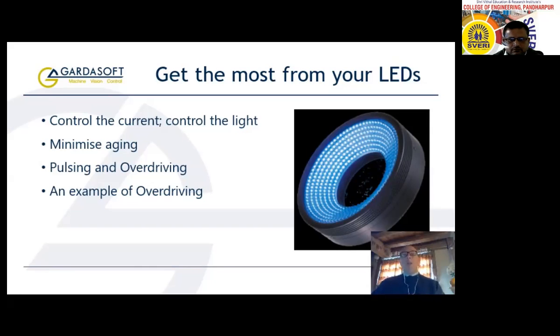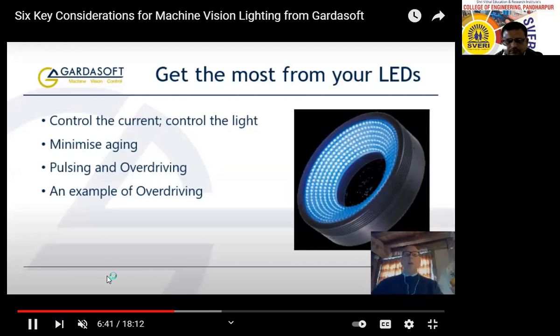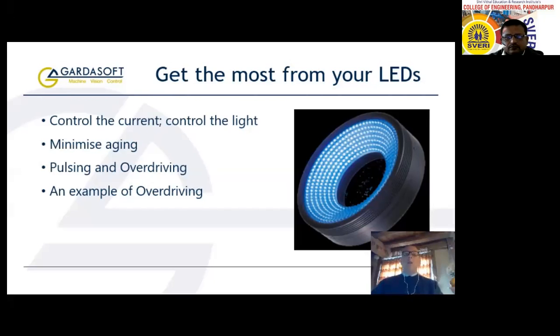For example, if the inspection speed increases and a shorter camera exposure is needed, overdrive can provide the additional intensity necessary to maintain image quality. Pulsing the light also allows the image capture of objects moving at high speed without image blur, as I mentioned earlier. Gardasoft controllers have fine adjustment of pulse timing, which is often more accurate than the camera's internal timing.